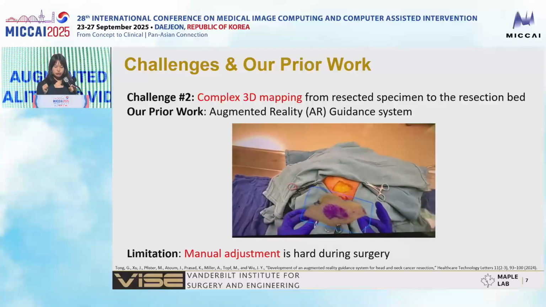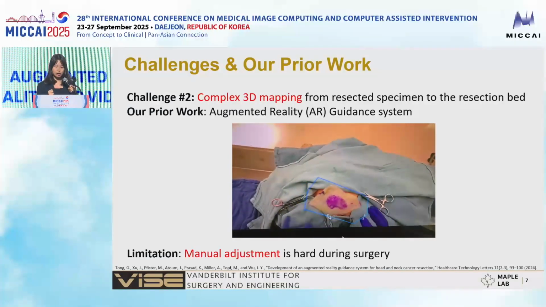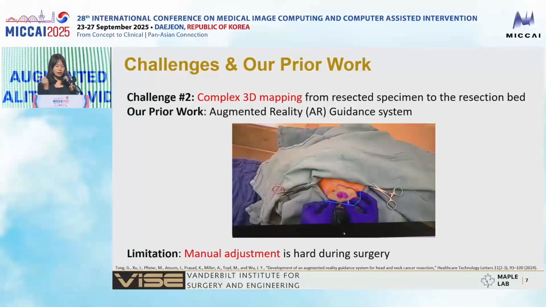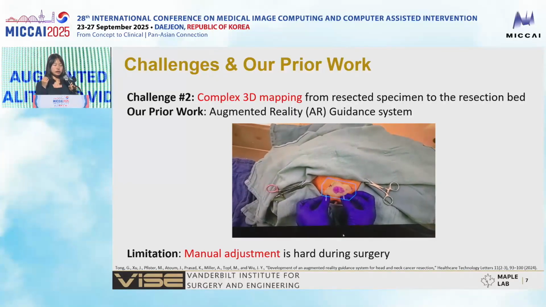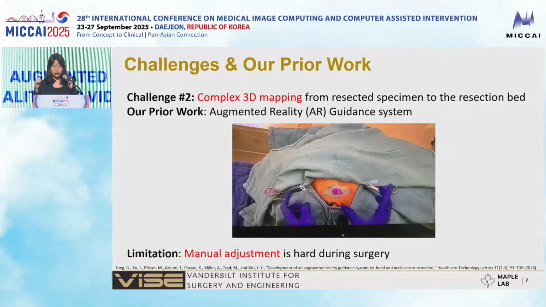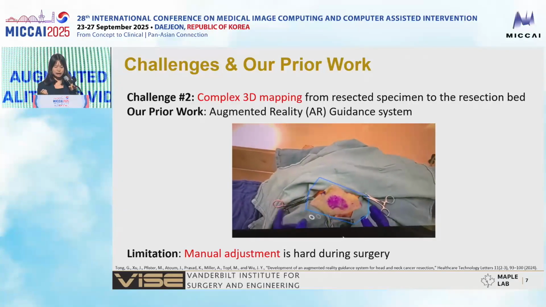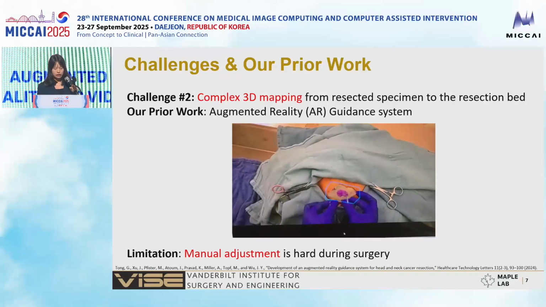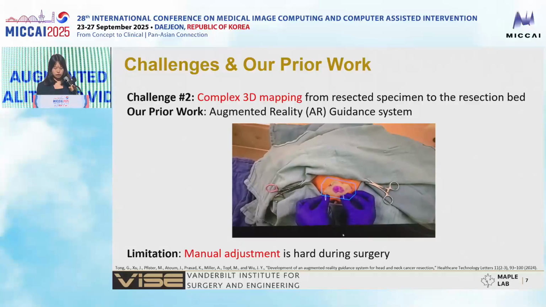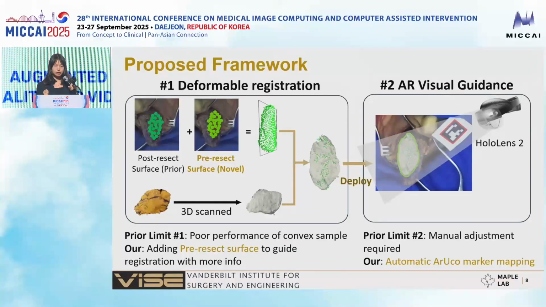Targeting challenge number 2, we previously proposed an augmented reality guidance system. In the video, the surgeon wearing an AR display is mapping the specimen back onto the patient's body. However, the limitation of this work is that manual adjustment is required, which is difficult to conduct during the surgery. To address all these challenges, we propose a new framework that integrates these two works together while addressing the limitations mentioned above.